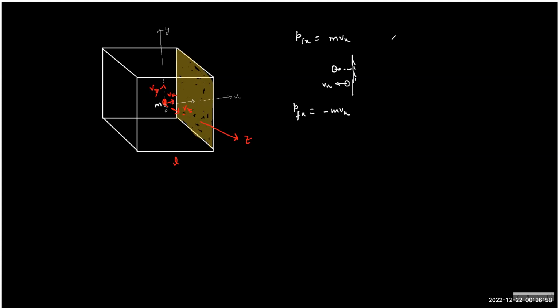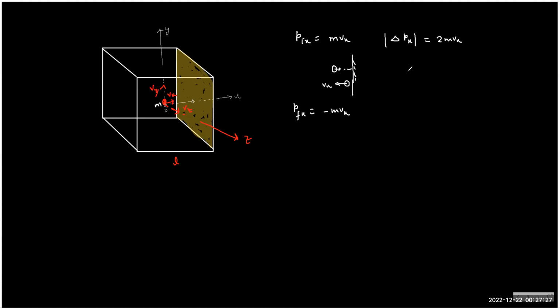What is the change in momentum by the collision? Only value wise, it changes by 2 mvx. So how much momentum is imparted to the surface? The answer is 2 mvx.